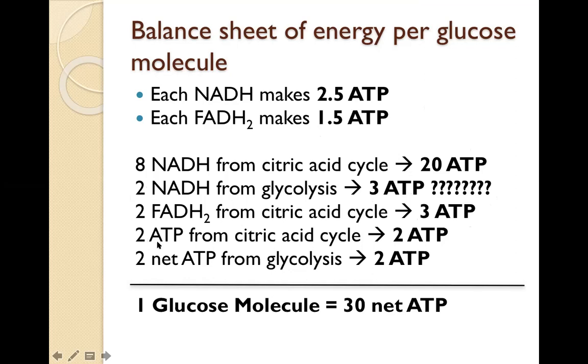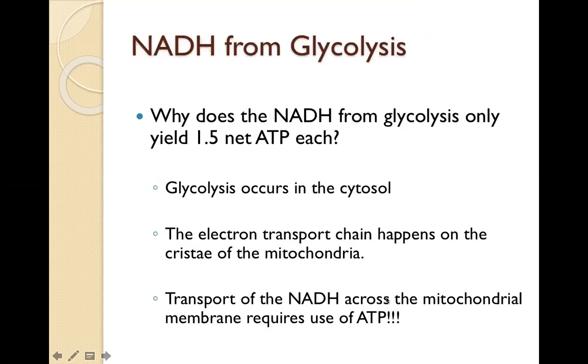The citric acid cycle yields 2 ATP at the end. And those 2 net ATP from glycolysis, for a grand total of 30 net ATP for every 1 glucose molecule. So the question is, why is there only 1.5 ATP for each NADH molecule from glycolysis?